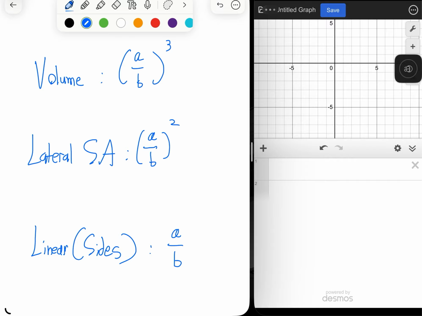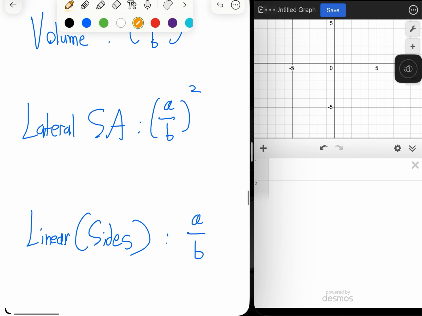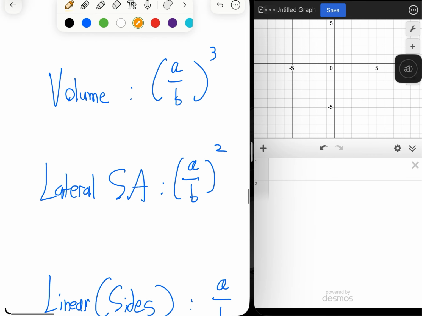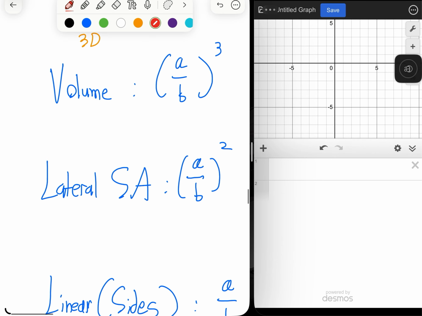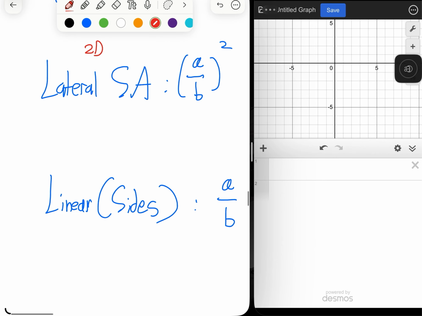You don't really need to know that for the SAT, but the most basic answer is that it has to do with the dimensions involved. Volume is a three-dimensional concept. Lateral surface area is a two-dimensional concept.